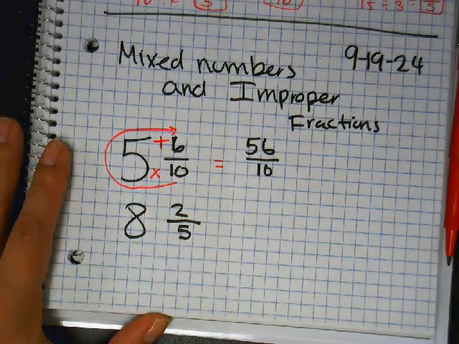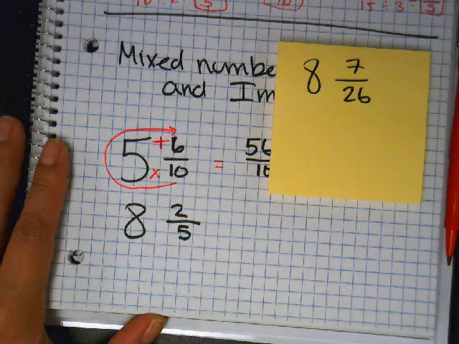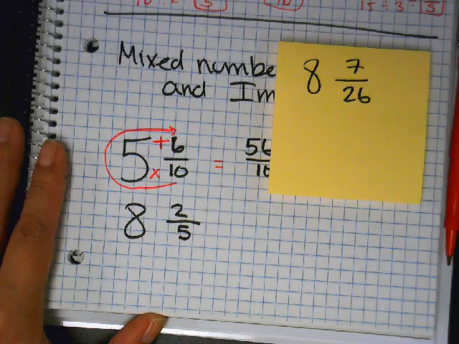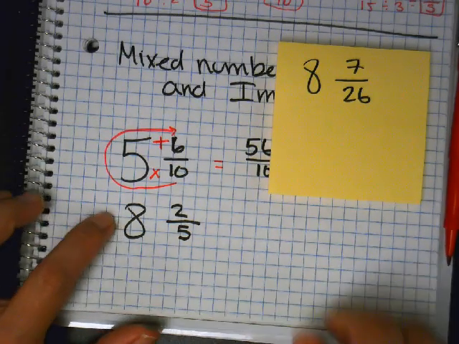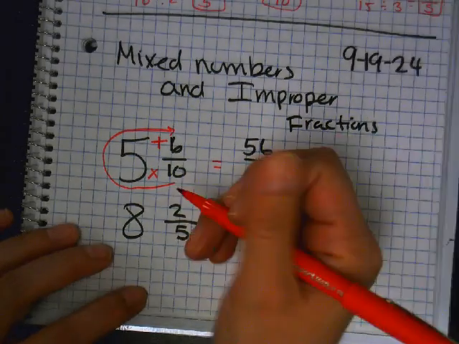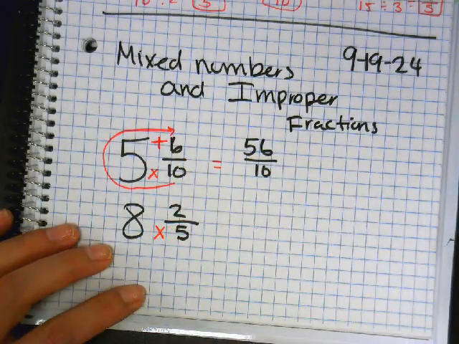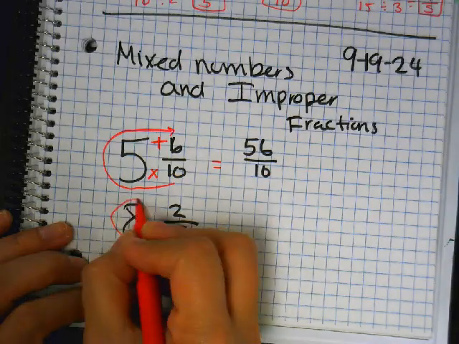Can I do the problem that Dylan was doing? Sure. Yeah, we're all doing this one. This one's nice. Okay, so what you're going to do is multiply these two numbers and then add the top.